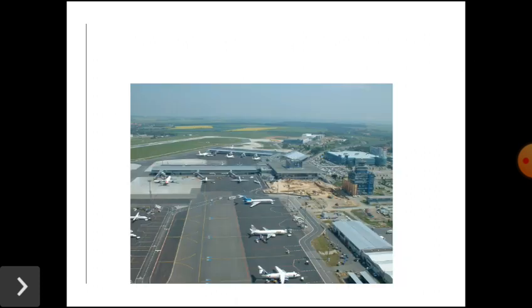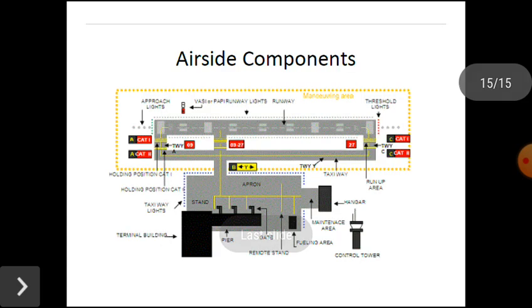The diagram shows a layout of a typical airport and airside components. In any airport we divide the components as airside and landside.